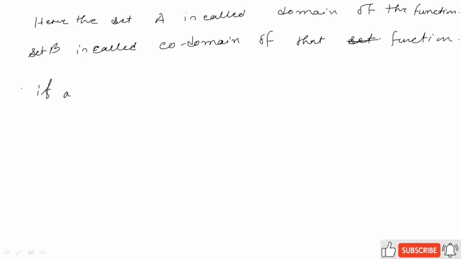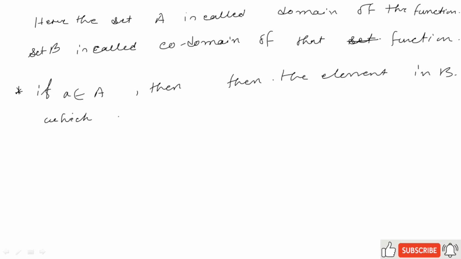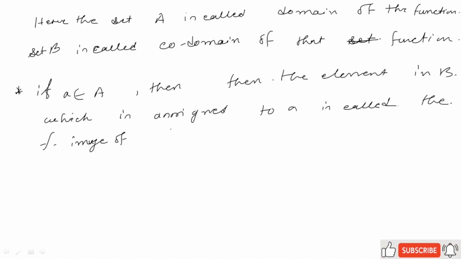Again, if a belongs to A, then the element in B which is assigned to a is called the f image of the function.